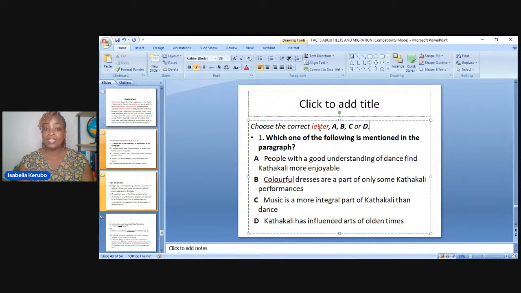So what some students or test takers do, instead they write the word or the words or the information. For instance, if the answer to this question is A, some students or test takers make a mistake of writing the whole sentence, or it could be just one word that is against this letter as their answer.